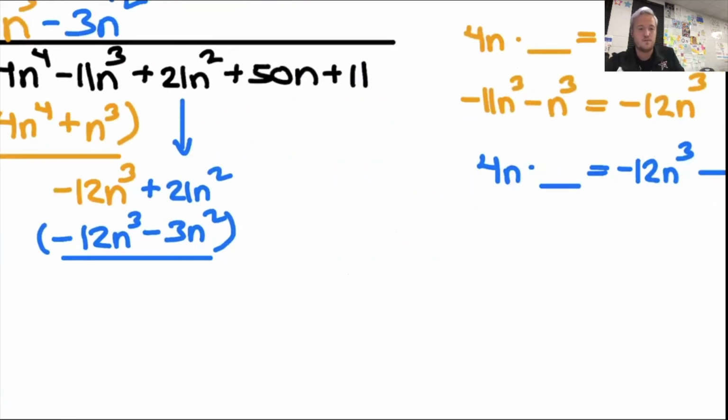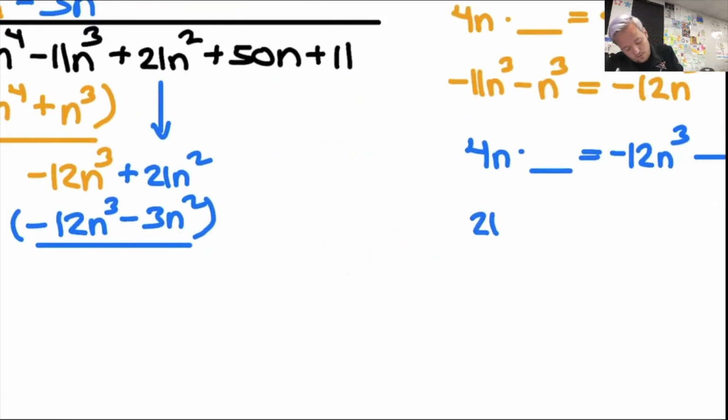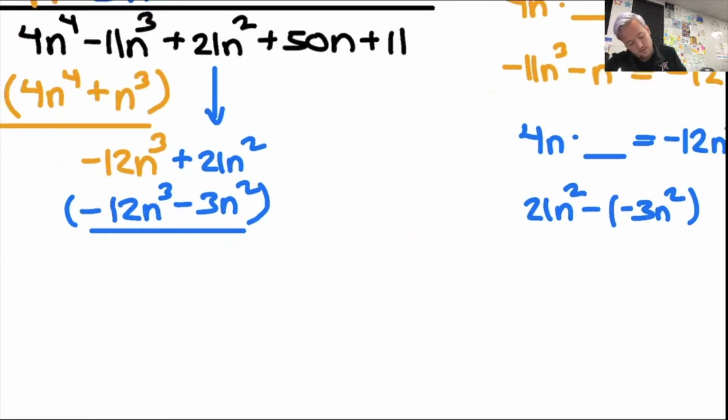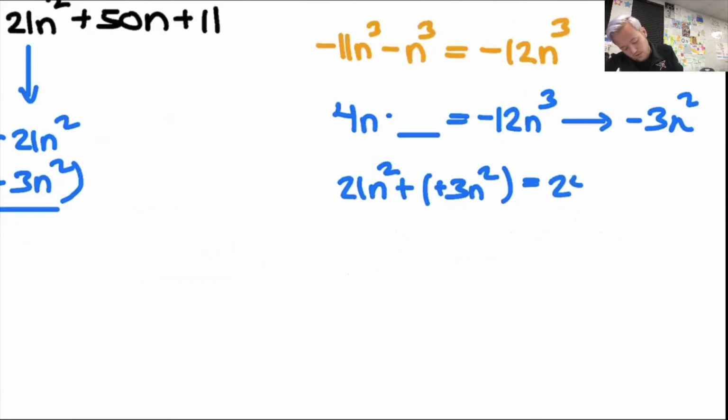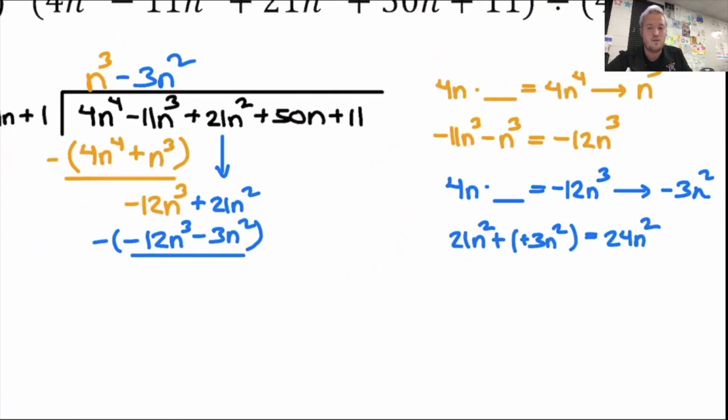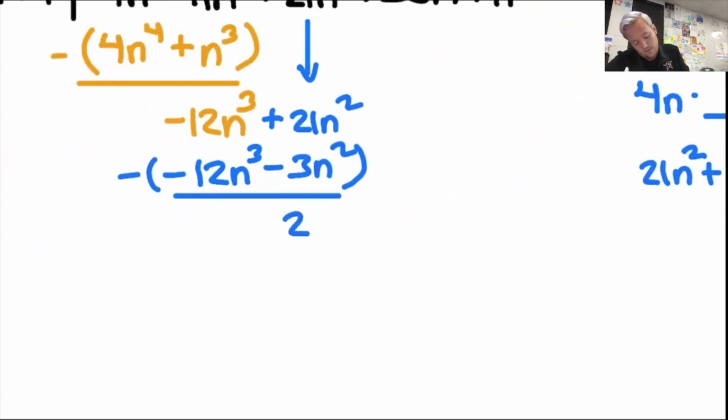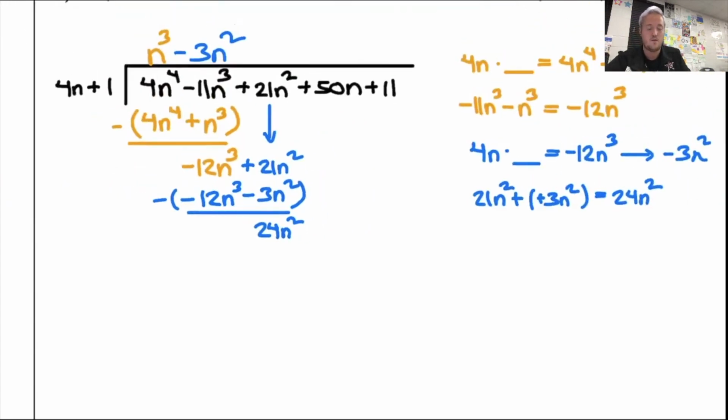All right, so 21n squared minus negative 3n squared, which means I'm going to add these. So I'm going to have 24n squared. All right, bringing it down.